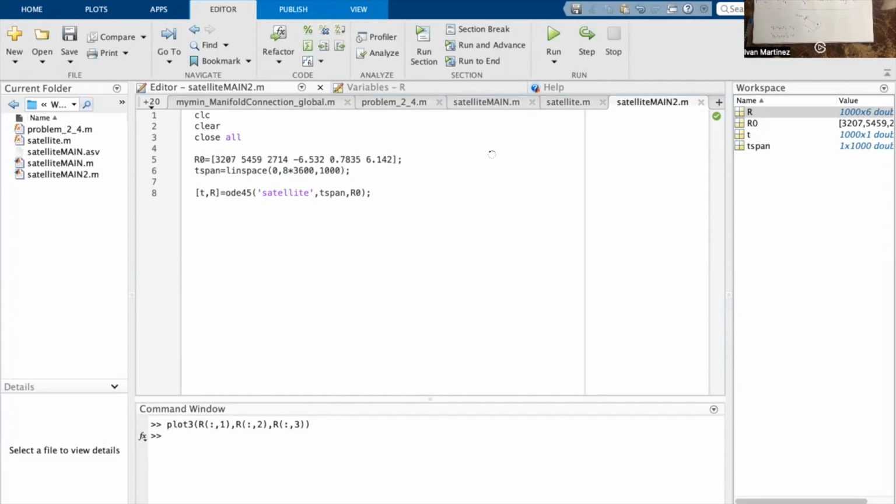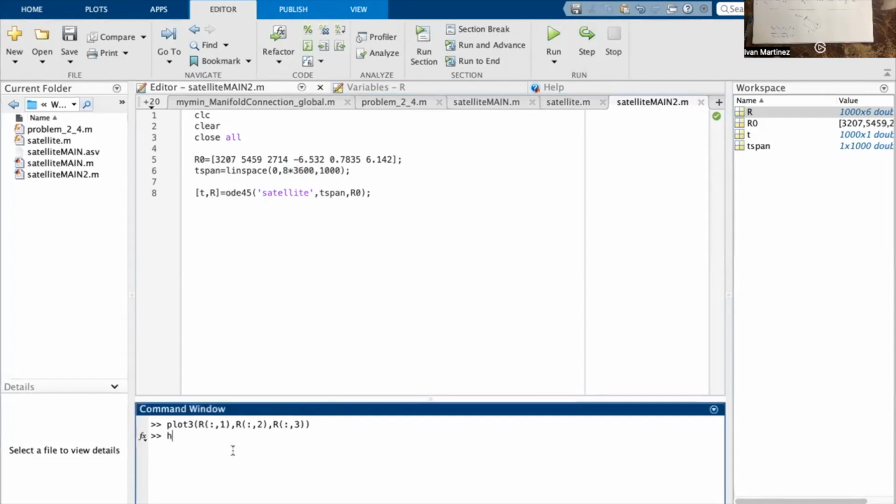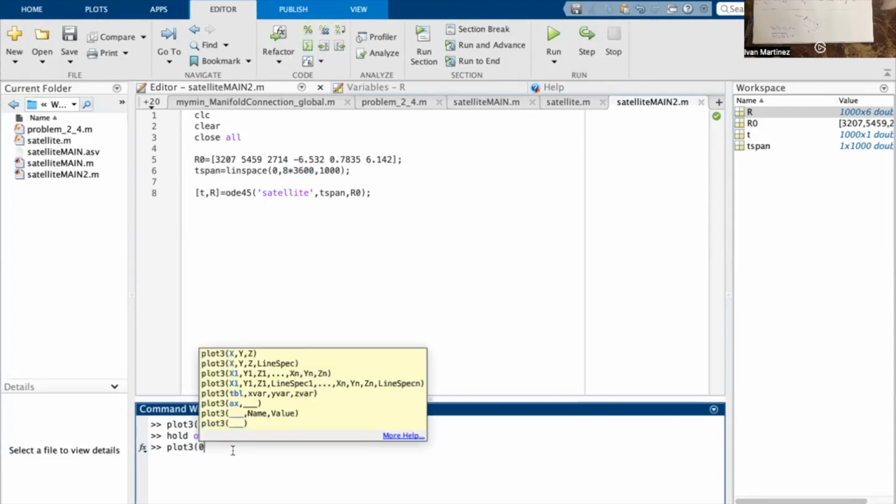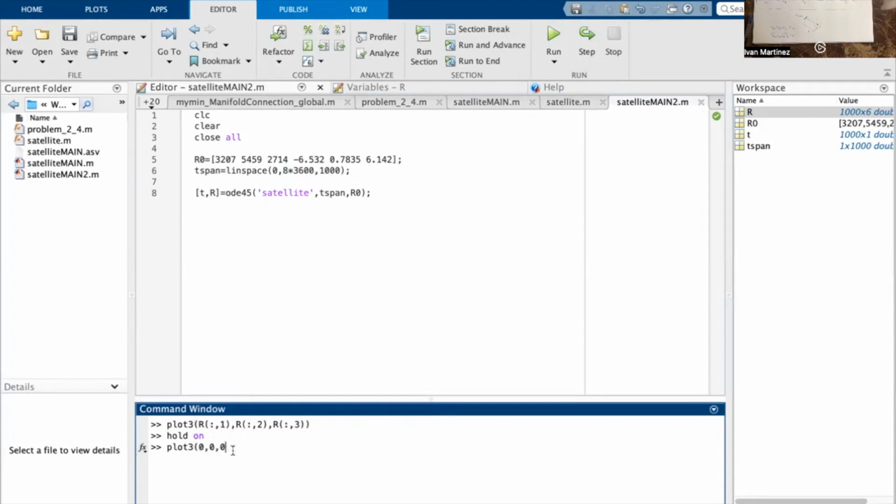So where's the Earth here? Let's make MATLAB wait, and then let's plot in the same plot the coordinate 0, 0, 0, because that's where the Earth is. And let's make it a black star.